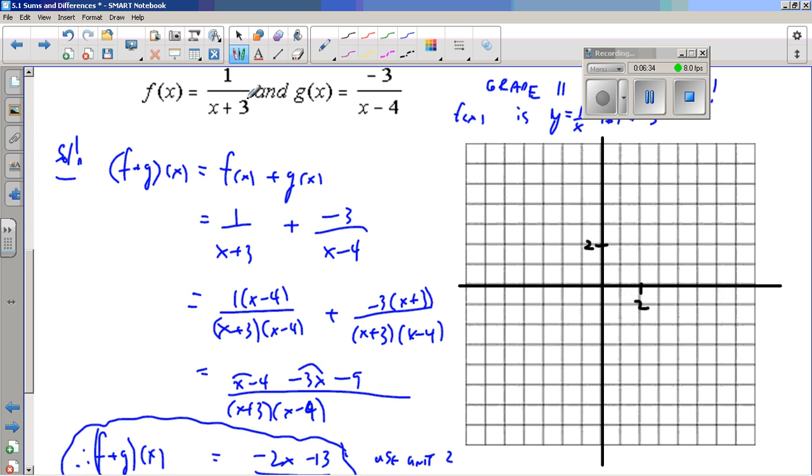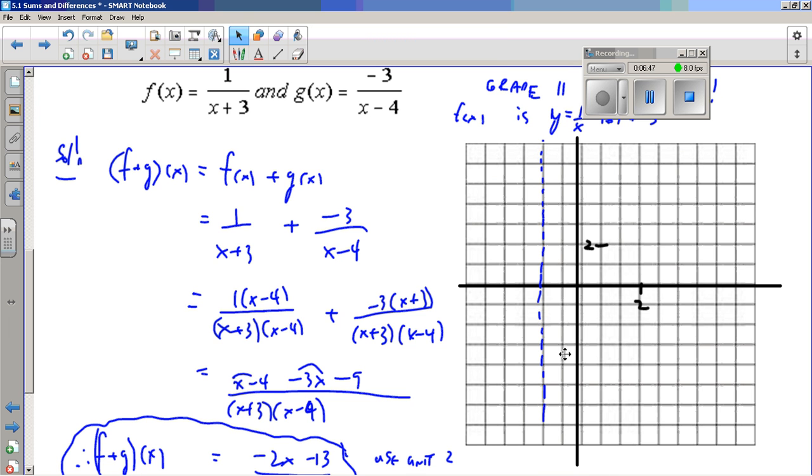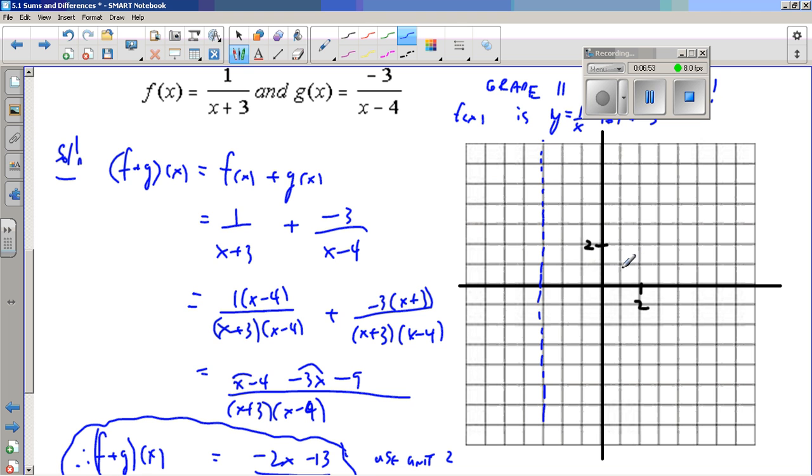And so I can say, I've got my vertical asymptote at x equals 3, because what happens is the old vertical asymptote of the parent function gets moved left 3. Great. And there's no stretches, nothing like that. So the point that was at 1, 1 gets moved left 1, 2, 3 to there.